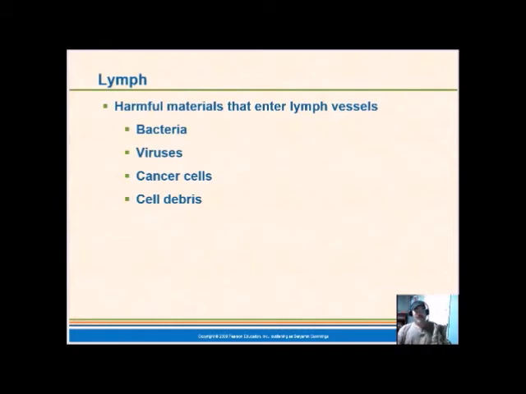Lymph itself can contain harmful materials that enter lymph vessels. That includes bacteria and viruses. We also find cancer cells and cellular debris. And when we start talking about cancer cells, that's why when you are diagnosed with cancer, they will take out some of the lymph nodes to see how far it has spread.